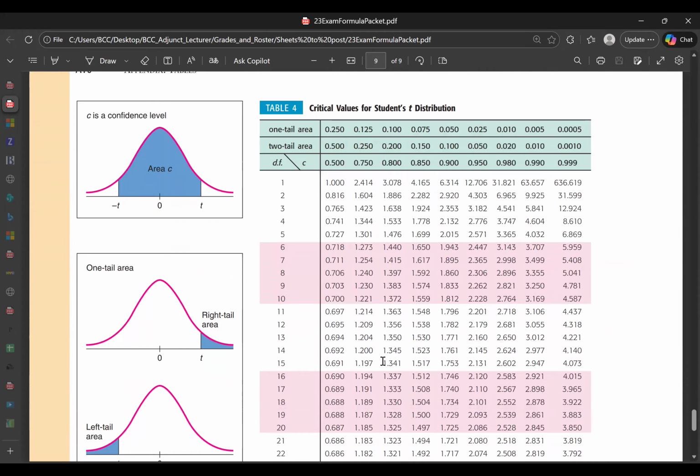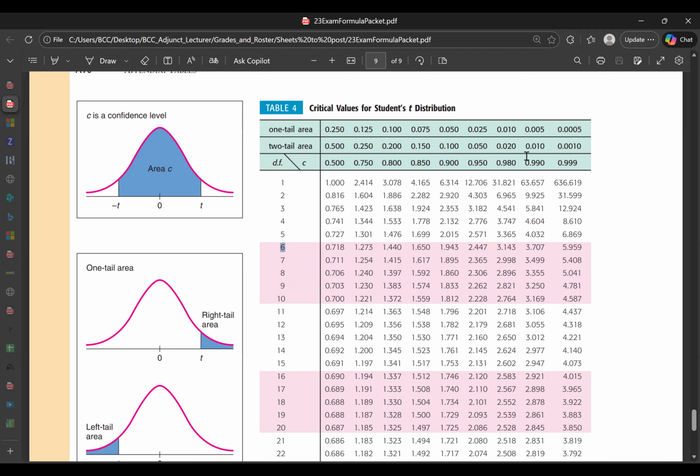T critical. We use Z critical when we know the population standard deviation, but we use T critical when we only know the sample standard deviation, S, on the student T distribution table. My degrees of freedom, we said, was 6. So here goes the 6 right here.